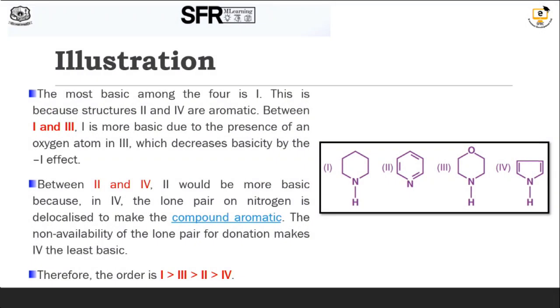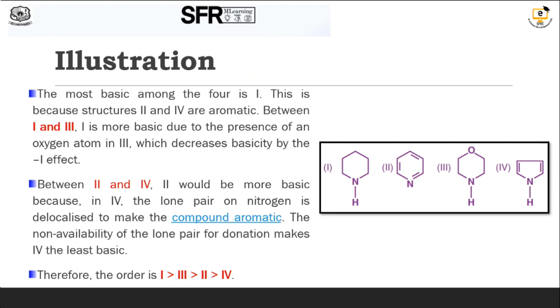Next illustration, we are taking different bases in the list 1, 2, 3 and 4. The first one is a saturated heterocyclic compound, the second one is unsaturated and aromatic, the third one is also a saturated base which has an oxygen heteroatom in its ring, and the fourth one is pyrrole.